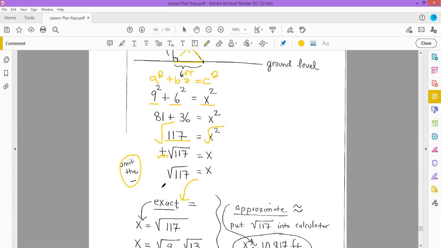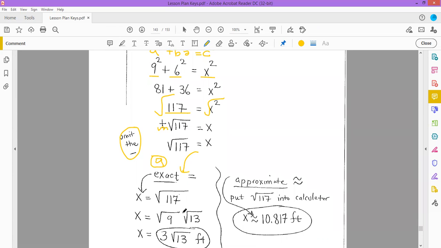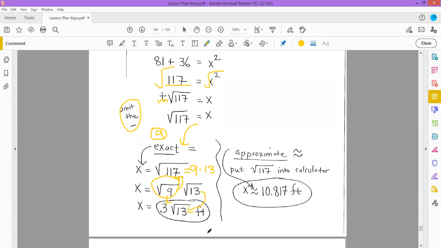So in exact form, which is part A, we would keep that square root symbol, and we want to find the largest perfect square number that can be divided into 117, and it's 9. 9 times 13 gives us 117. Since we know the square root of 9, we would simply find that calculation. The square root of 9 is 3, and we keep the 13 underneath the square root.